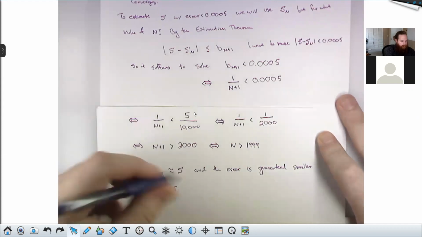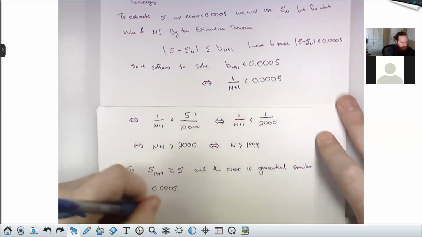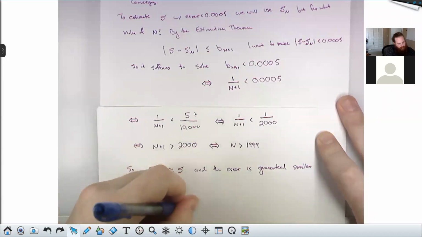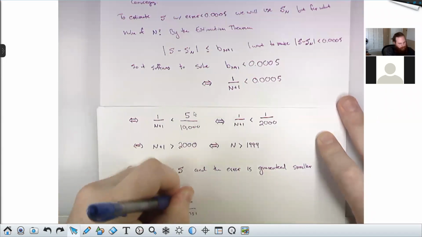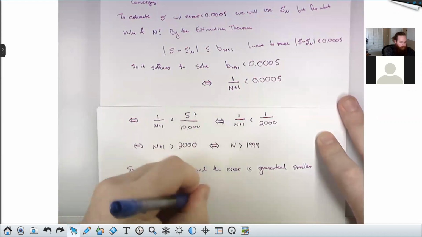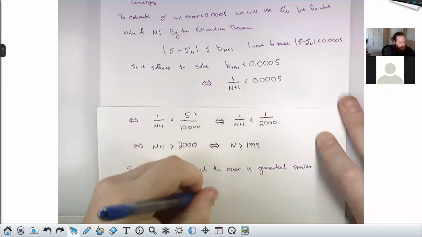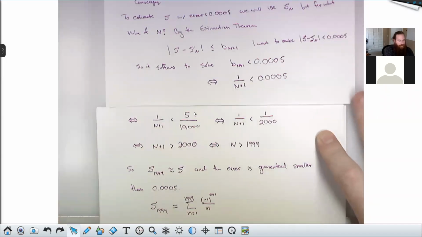So S_1999, that's the sum from n equals 1 to 1999 of negative 1 to the n plus 1 over n.